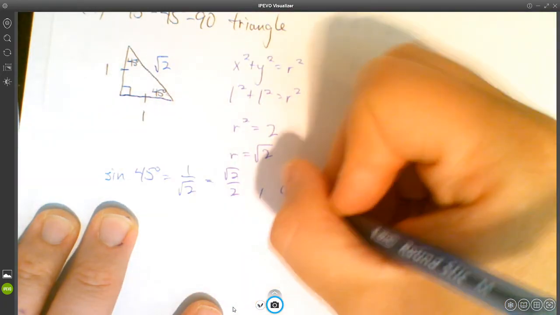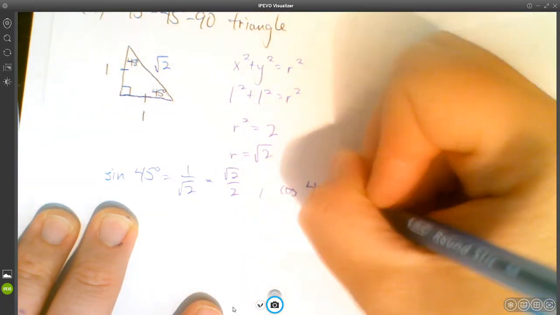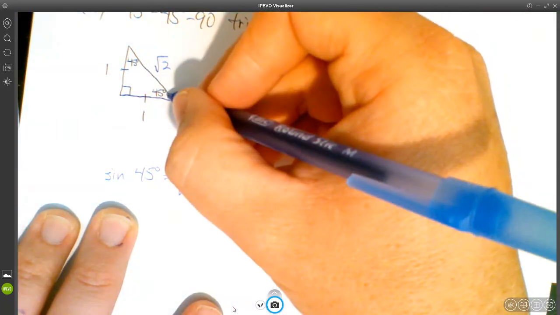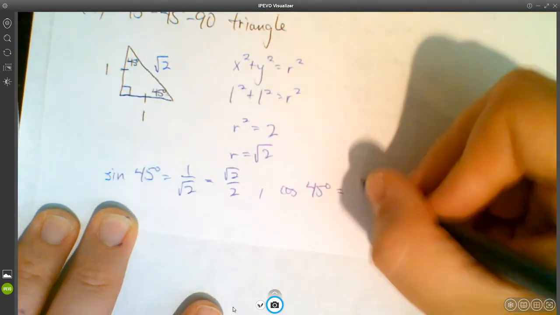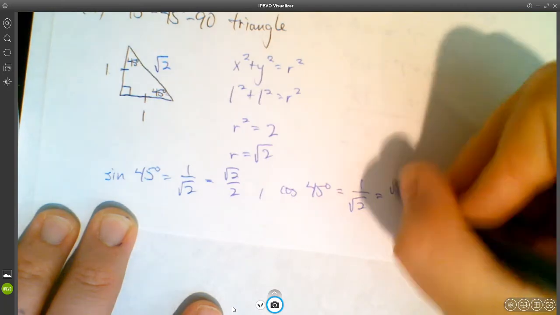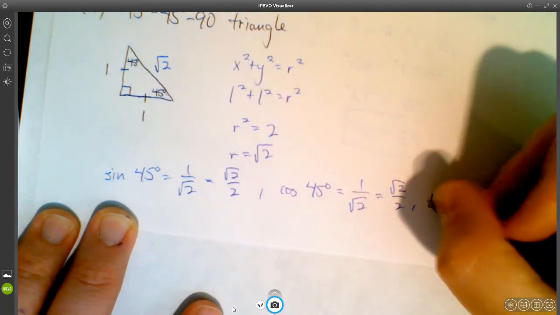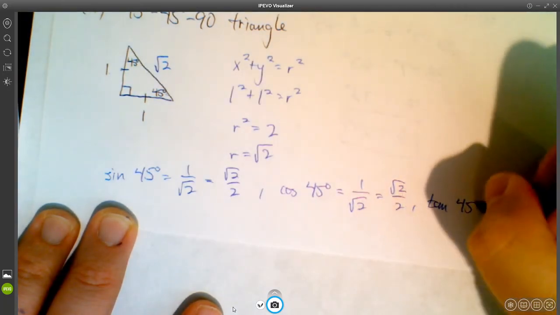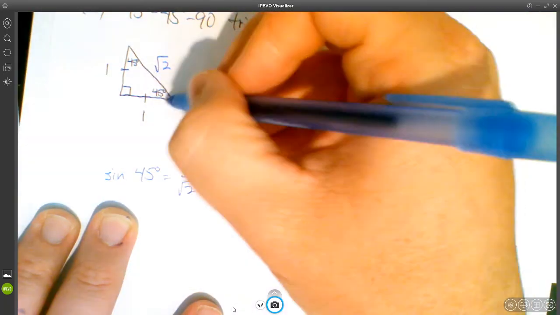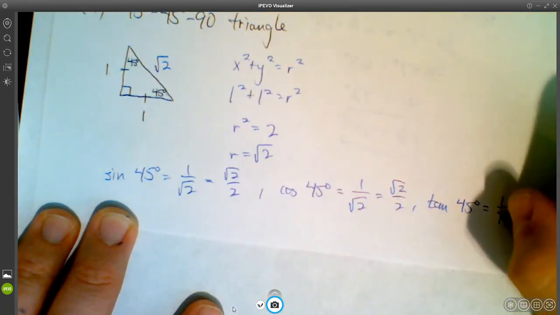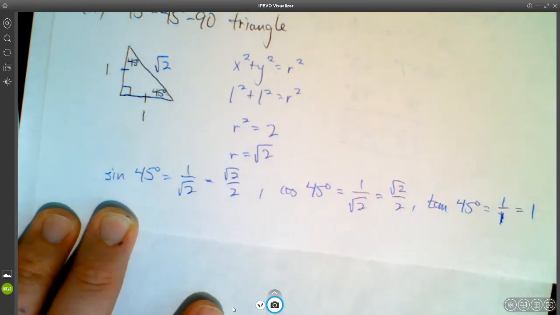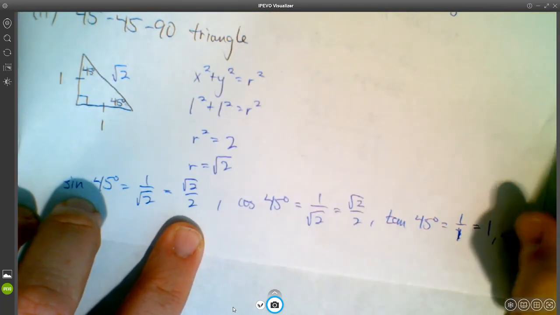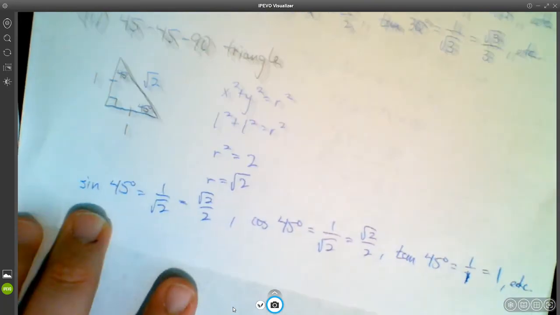Okay, cosine of 45 degrees is going to be adjacent over hypotenuse. That's 1 over root 2 again, root 2 over 2. Tangent of 45 degrees is going to be opposite over adjacent. That's 1 over 1, which is just 1. And so forth for the other 3 trig functions.